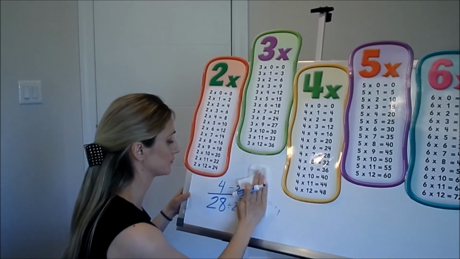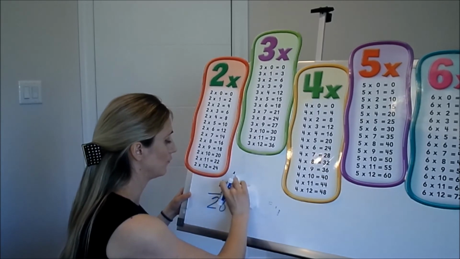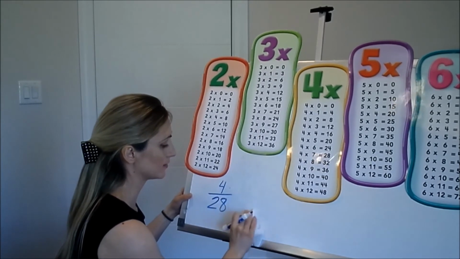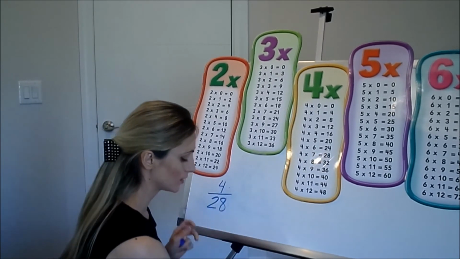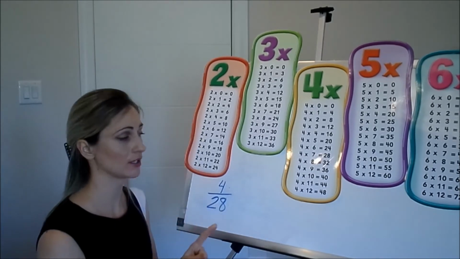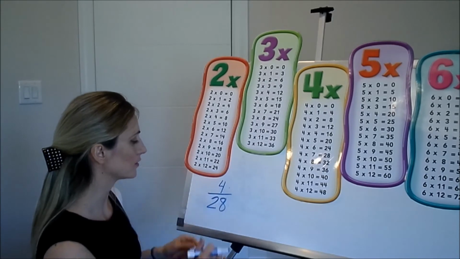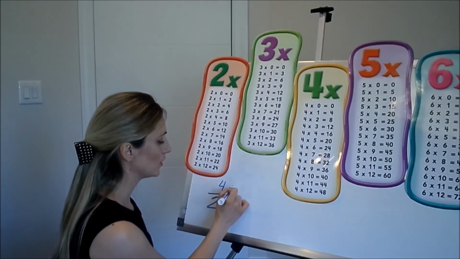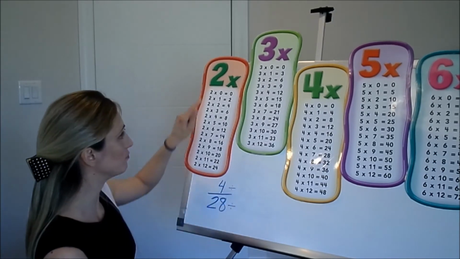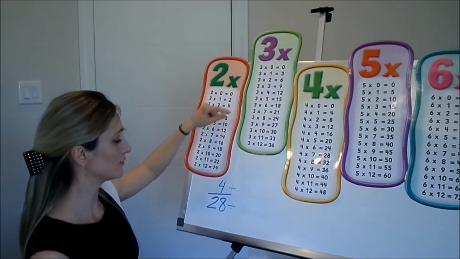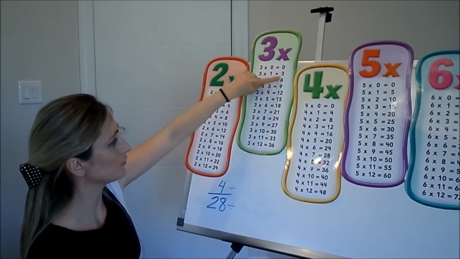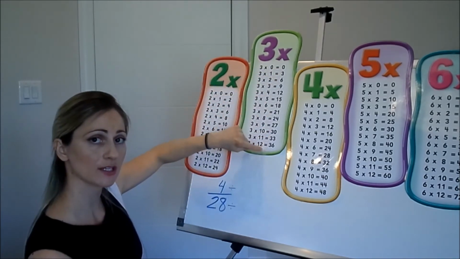Take a look. Get rid of this. 4/28. The second question you ask yourself is if there is a bigger train that you'll find 4/28 on. So what number that's bigger than 2 can divide 4/28? Will you see 4 and 28 on the 3 multiplication train?